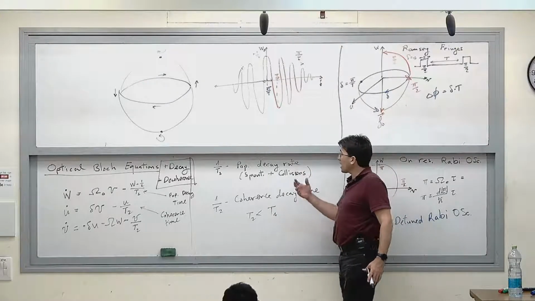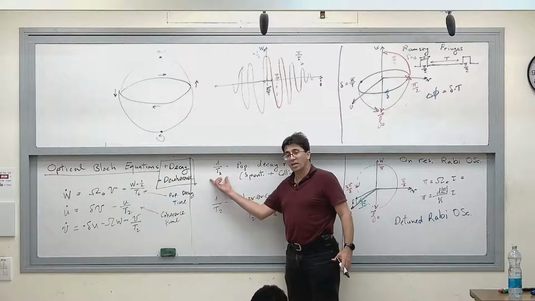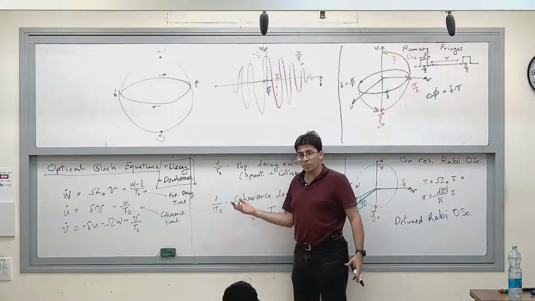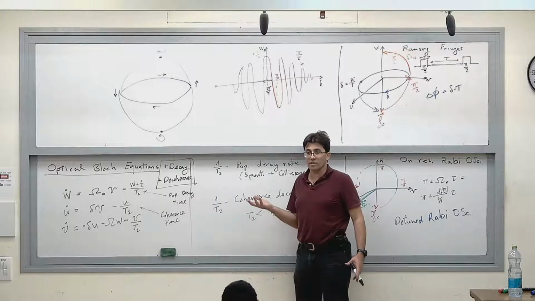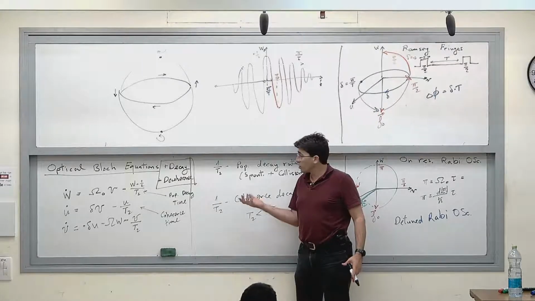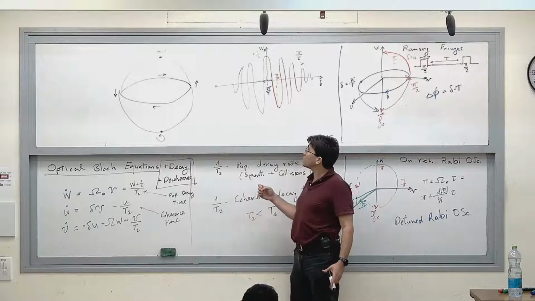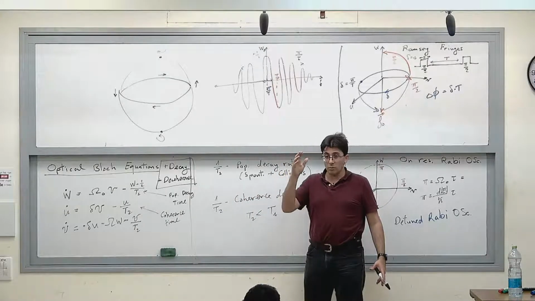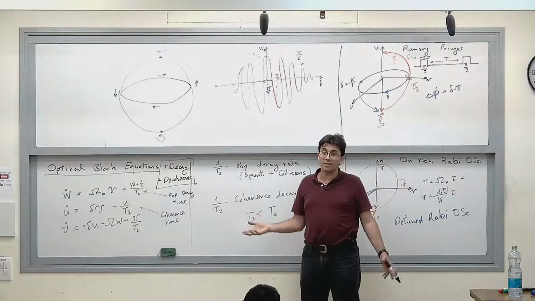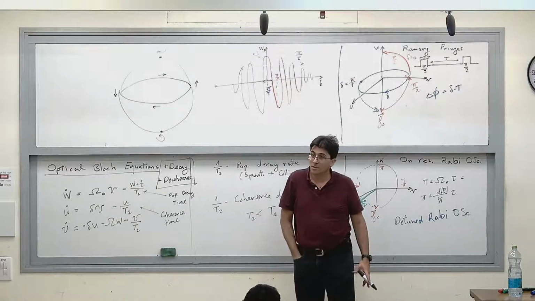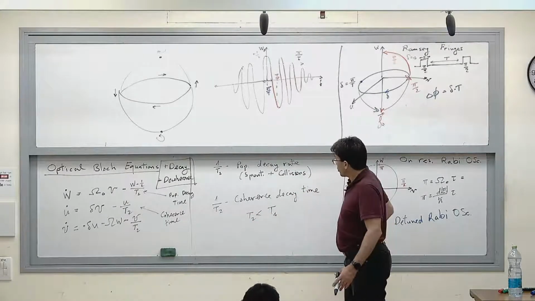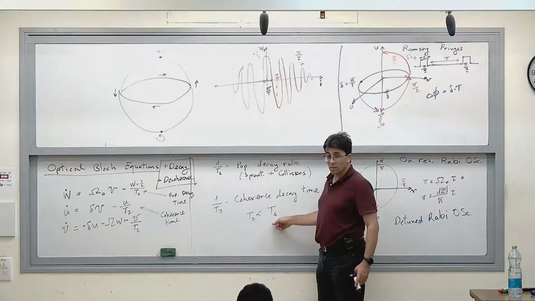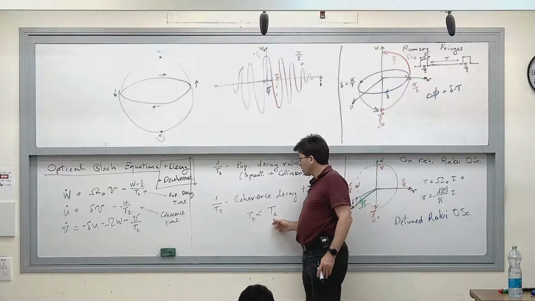Because if the population of the excited state doesn't live anymore, then of course also the coherence between the ground and the excited state does not live anymore. Because the coherence, if you remember, is this C1, C2 star. If C2 went down to 0, then it doesn't matter anymore what the coherence is. So of course, the coherence time cannot be longer than the population decay time.